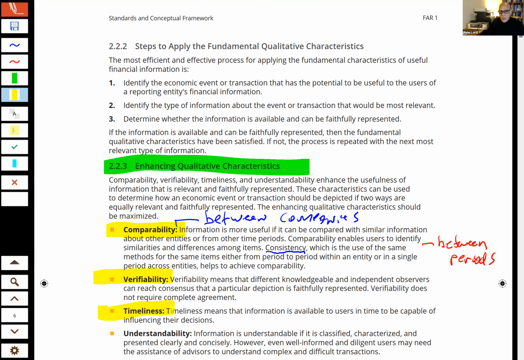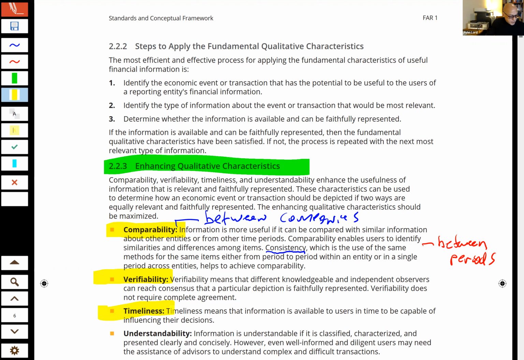Timeliness. This is why when we're dealing with, say, a public company, some public companies have to issue information within 30 days, depending on their size, 60 days, 90 days for smaller companies. But we want the information in the hands of users soon enough to be able to help inform their decision-making, right?